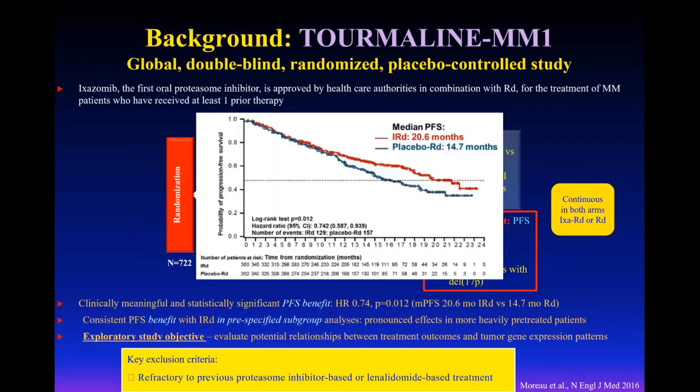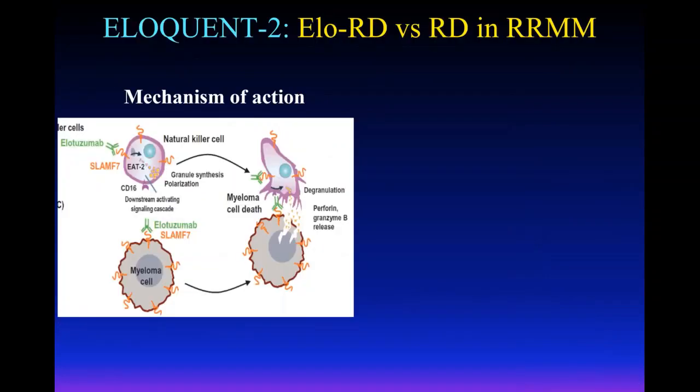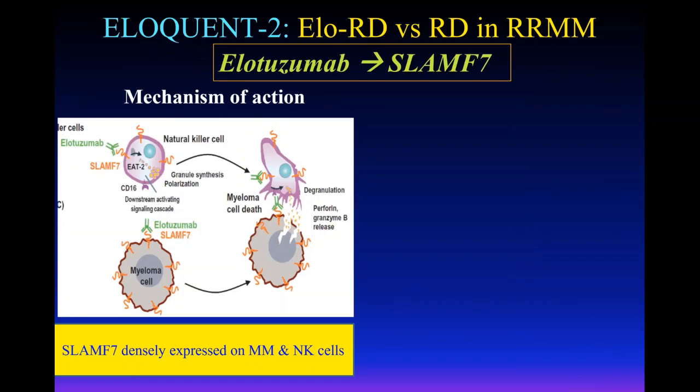And we move on to monoclonal antibodies. The first one is daratumumab. Daratumumab is a monoclonal antibody that targets CD38, which is an antigen molecule that is expressed on the myeloma cells and also on healthy, normal NK cells.